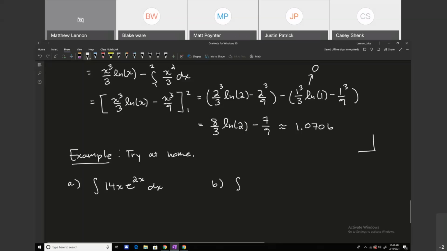Let's just say x cubed natural log of x or something, dx. So these should be very similar to ones we've already seen. So they shouldn't take you too long. So go ahead and write them down.